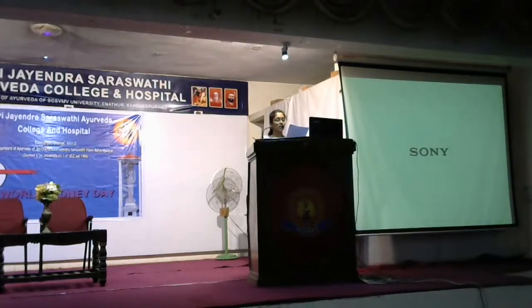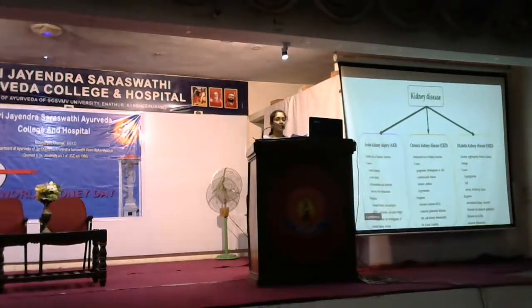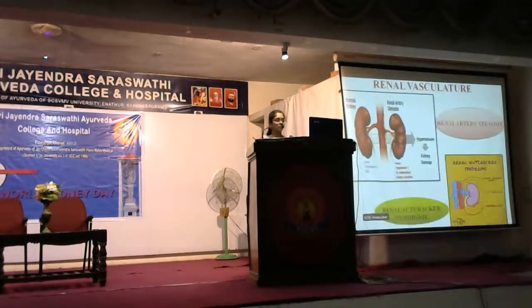Then we move on to chronic kidney disease, wherein the damage to the kidney happens as a gradual process over a period of months or years, and is generally caused by hypertension or polycystic kidney, or, as we discussed earlier, glomerulonephritis. Then the third type is diabetic kidney disease, in which the kidney damage is specifically caused by continued increased blood glucose levels, and that is also called diabetic nephropathy.